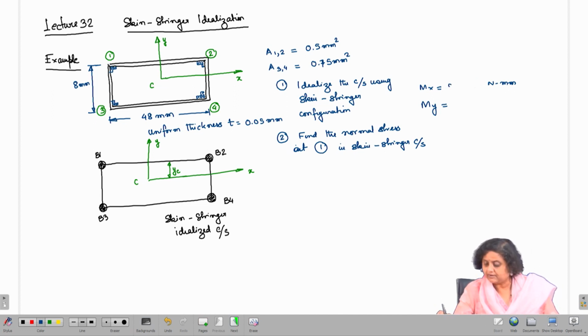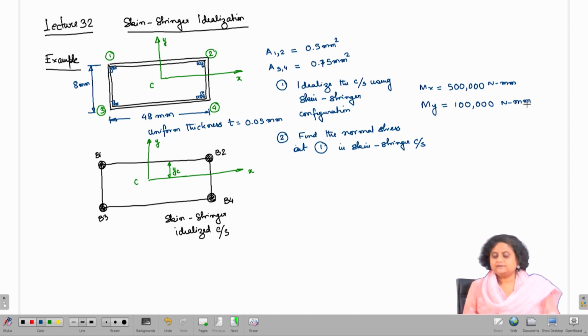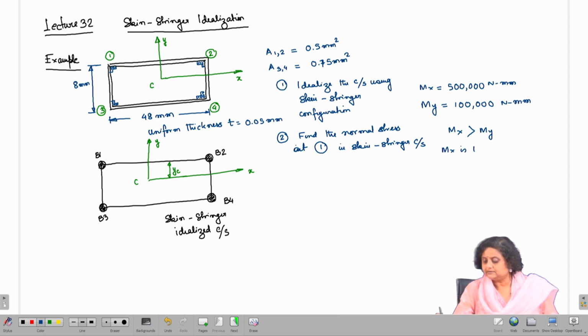So, this is 5 followed by 5 zeros, and this is 1 followed by 5 zeros, Newton millimeter. Now, since Mx is considerably greater than My, Mx is going to be the predominant moment.